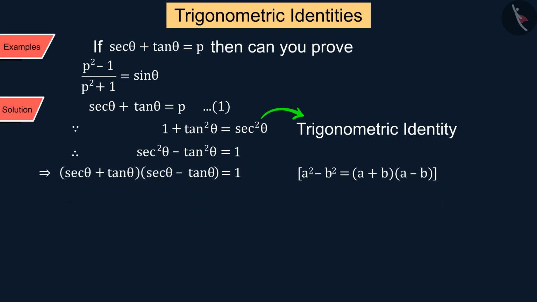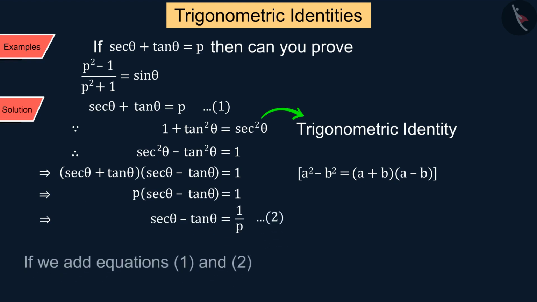And from equation 1, we know that sec theta plus tan theta is equal to P, which is substituted here. We get sec theta minus tan theta is equal to 1 by P, which is represented by equation 2.